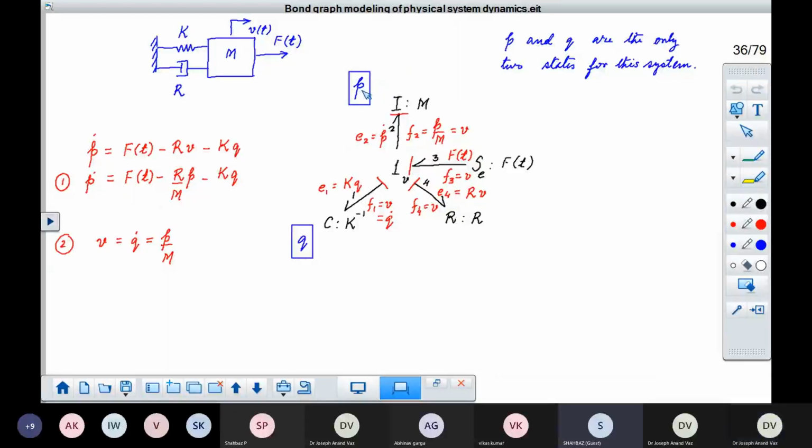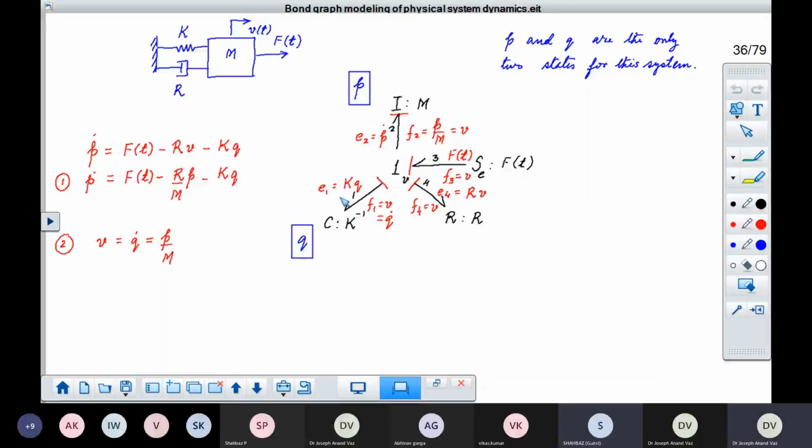P is the momentum associated with this I element. So it is P and P dot. So the I element is going to provide flow, which is the velocity, equal to P upon M, given by V, the velocity associated with this mass. So you have got the effort and the flow shown here.